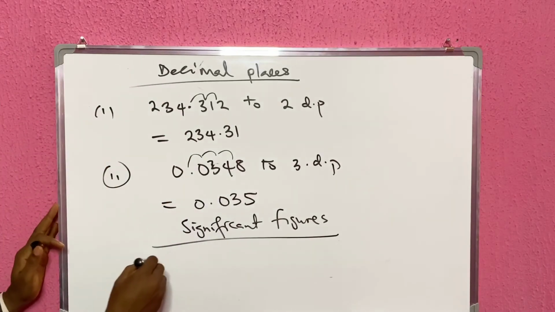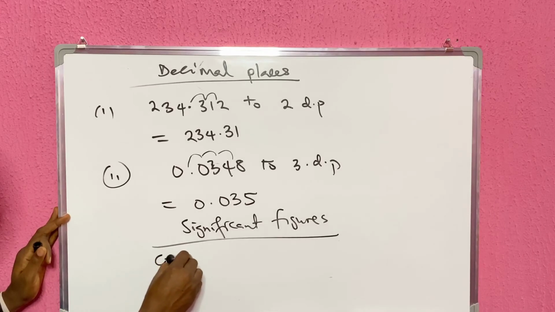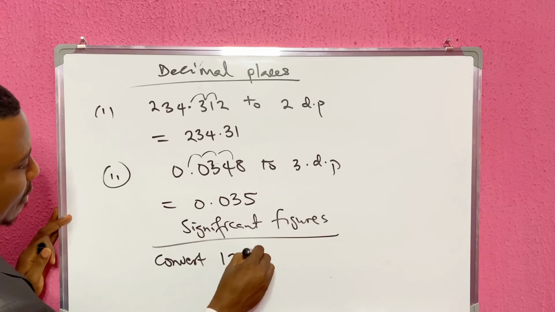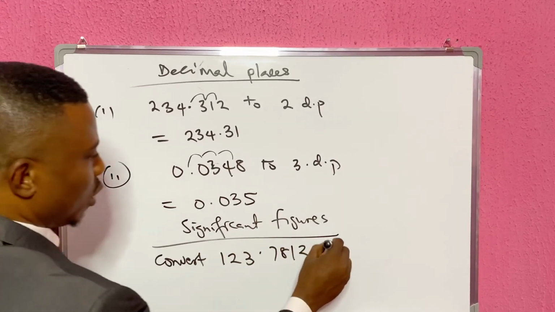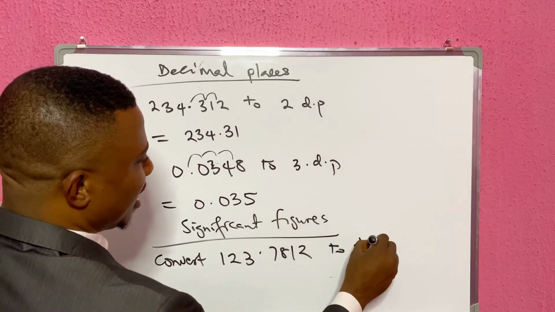To say, convert 123.7812 to 4 significant figures.